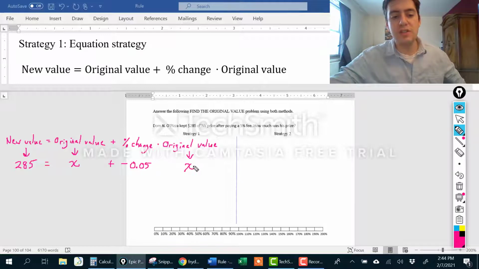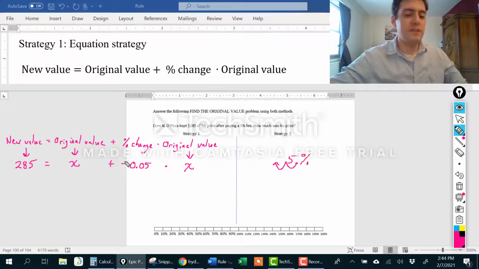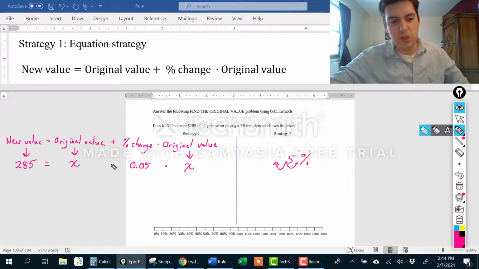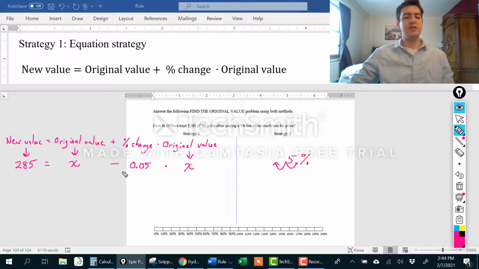Remember, to turn a percent into a decimal, you just take the decimal point and move it 2 spaces to the left. So that would be a 0 would go in that blank space, and then 5. So we get 0.05 there times x. So like what I said before, we have this plus negative here. Let's just rewrite that as minus, because adding negative 0.05 is the same thing as just subtracting 0.05.